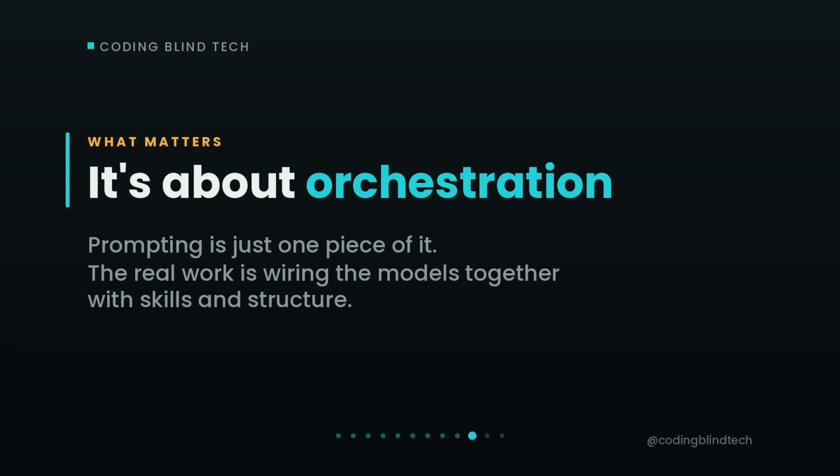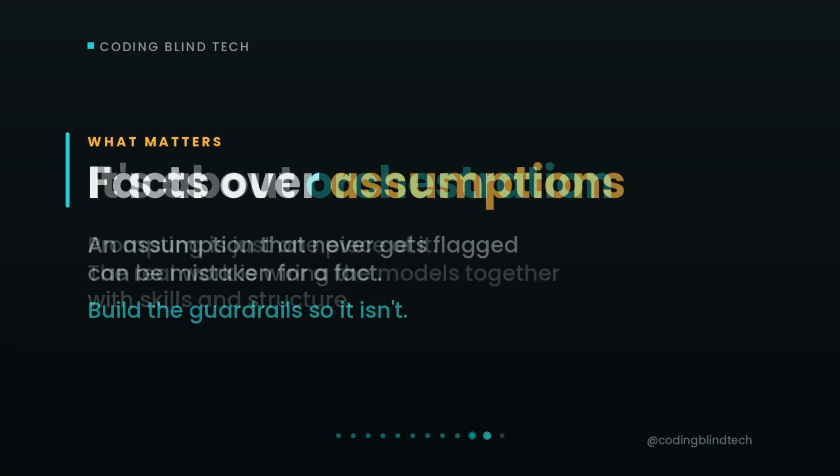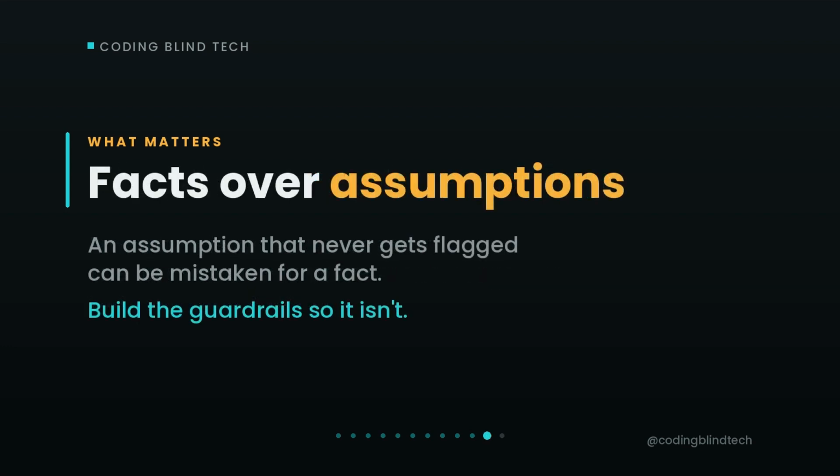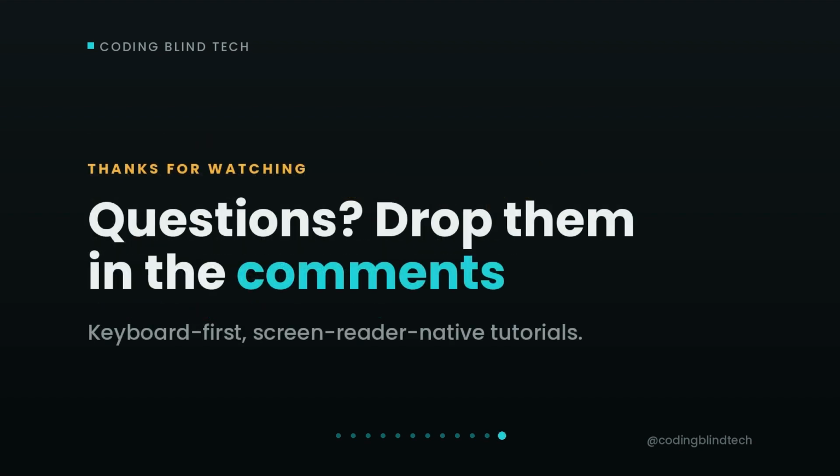I think the biggest thing is orchestration and getting these models to have these skills and an understanding, especially around facts. Assuming is a part of learning, but allowing an assumption to not be flagged as an assumption and it being misled as a fact. So those things are important.